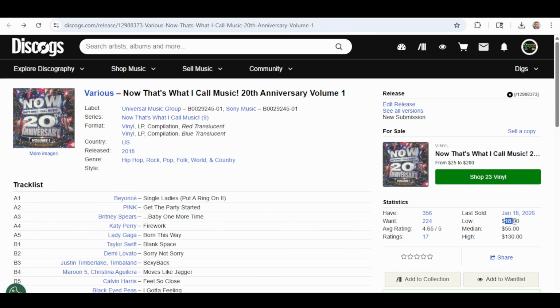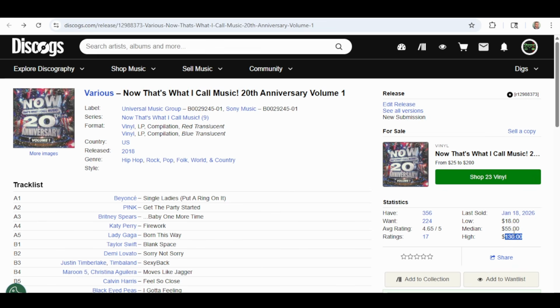Now, the lowest this has ever sold for was 18, probably an opened copy, something that was played a few times. Maybe it had a little bit of shelf damage from shipment, so it had a creased corner. I'm just guessing, but 18 is low for a 2LP anyway, so somebody got a deal. 130 on the high end. I have to assume that this was FOMO.